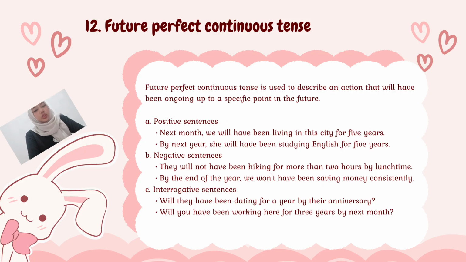And in negative sentence, they will not have been hiking for more than 2 hours by lunchtime. And by the end of the year, we won't have been saving money consistently. And in interrogative sentence, will they have been dating for a year by their anniversary? And will you have been working here for 2 years by next month?